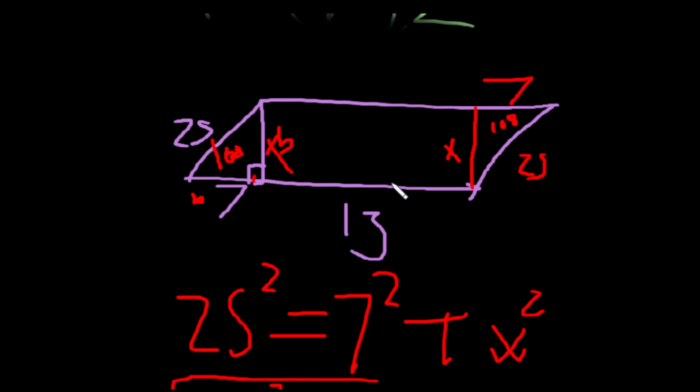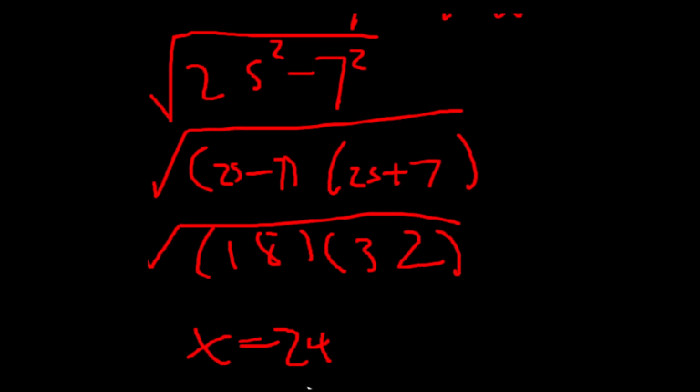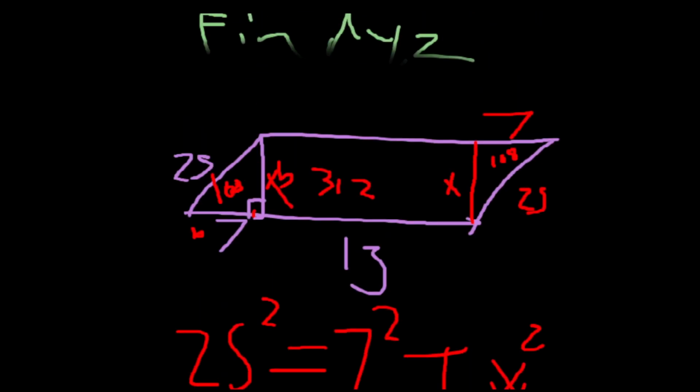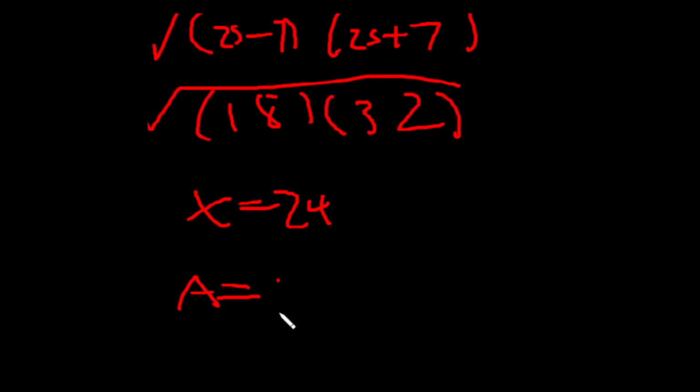So 13 times 24 was 312. And we get 168 plus 168 plus 312. So the area should be 480. But you see what we did here?